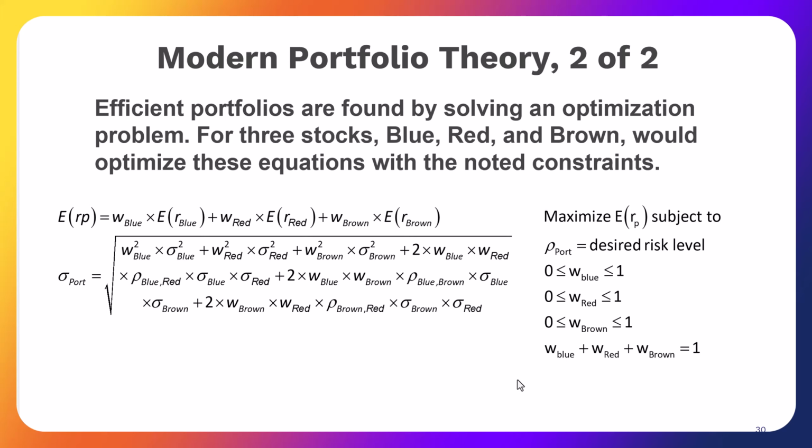Now, what we haven't introduced here is the idea of short sales. So we'll talk about that a little bit later, but for right now, this is our model. So we want to find that portfolio that's going to give me the maximum return at a certain level of risk.